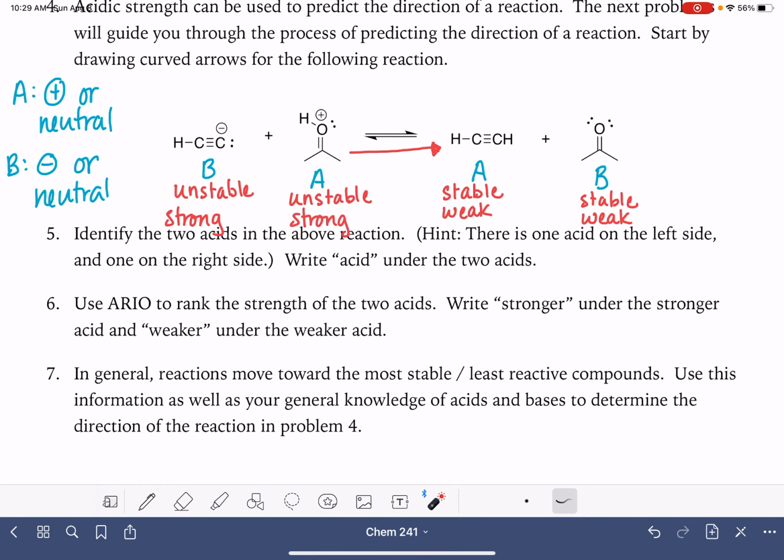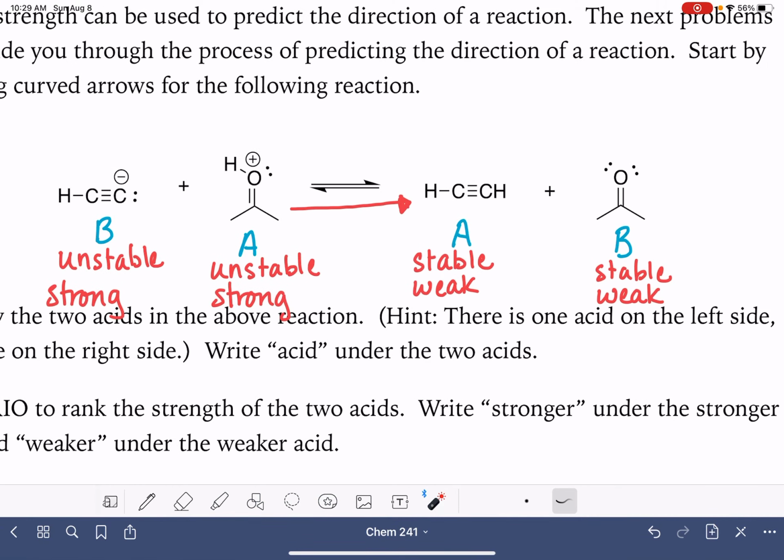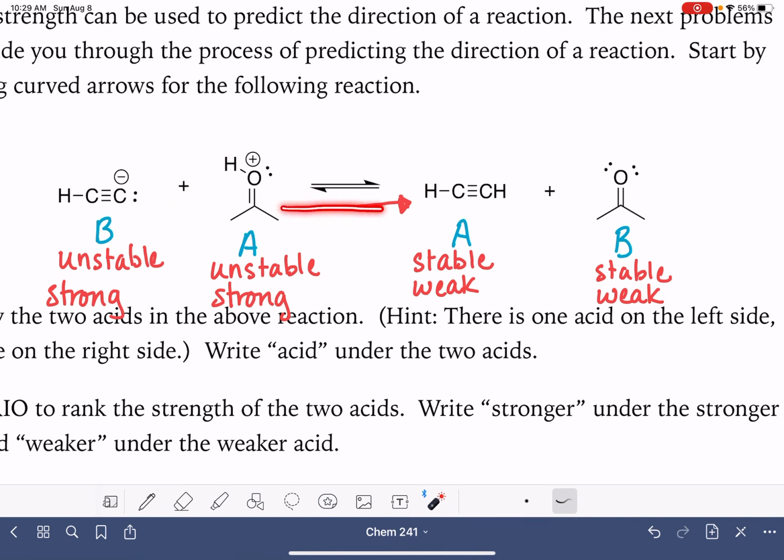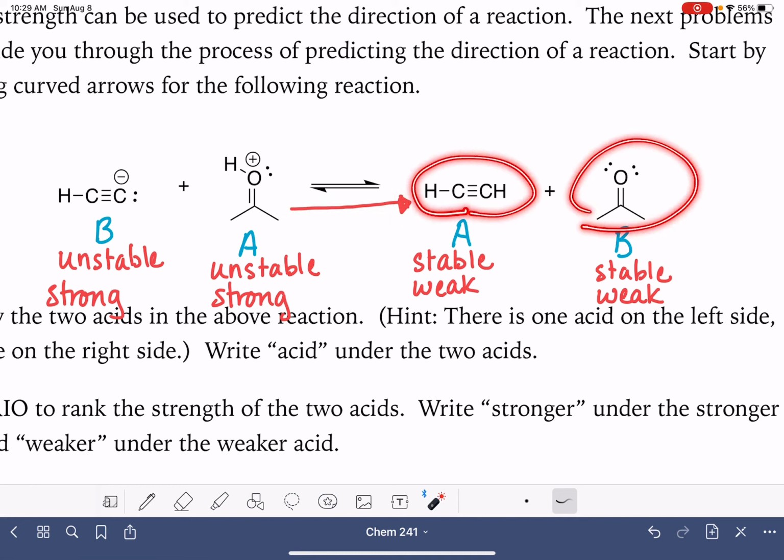And this, even without the ARIO, should be a pretty logical thing when you think about it. We're taking two charged substances, putting them together to make uncharged, stable, neutral molecules. So it's really logical that the reaction would proceed in that direction. It would be really difficult to motivate these happy molecules to turn themselves into cranky, unhappy molecules.